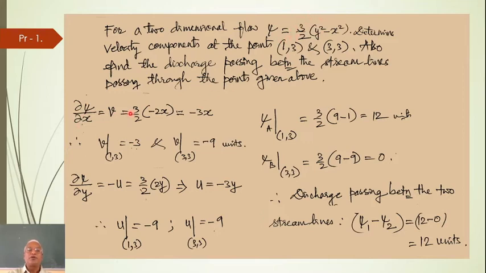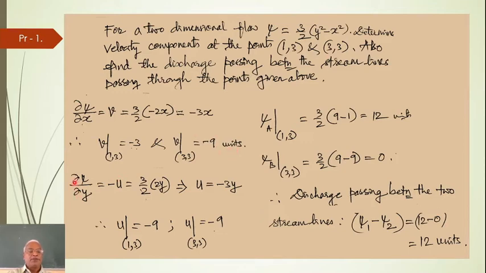The 3/2 constant is outside, this term disappears, and it becomes minus 2x. So v is minus 3x. Now the velocity component v at (1, 3), if I substitute, will be minus 3, and v at (3, 3) will be minus 9 units.